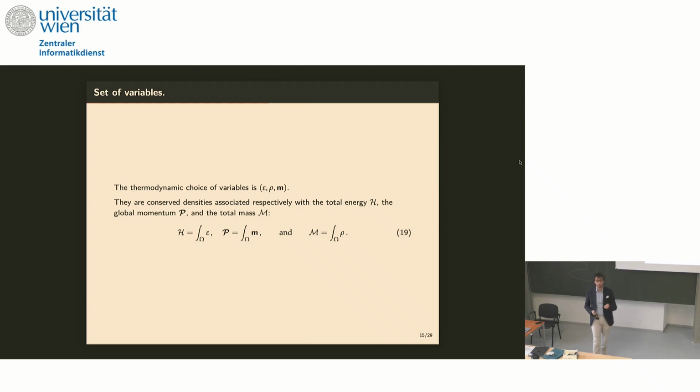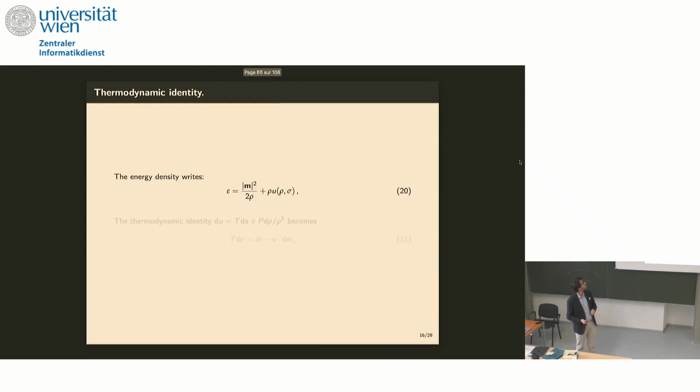Given this set of variables, you can easily write your bracket. But first, you need to know the relation between these and entropy. This is what we call in physics the thermodynamic identity, which is just the geometric identity which gives you the direction of entropy when you know the direction of variation of everything.